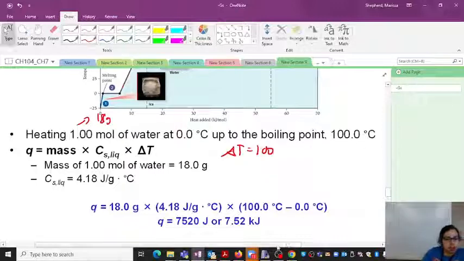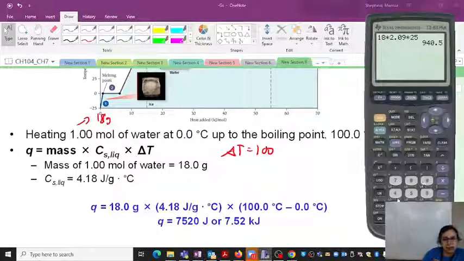And so that's what they did here. So let's just plug this in. So 18 times 4.18 times 100. And again, this is in joules, so that we can convert it to kilojoules. So that gives us 7.52 kilojoules.